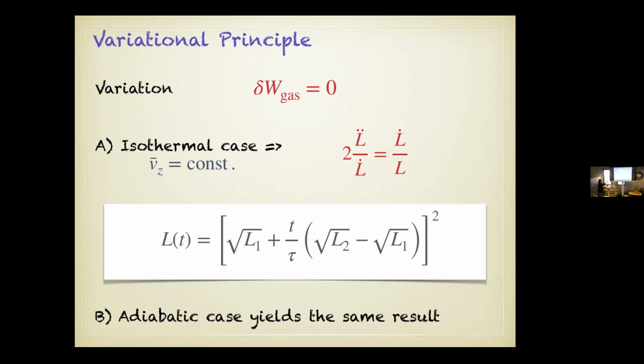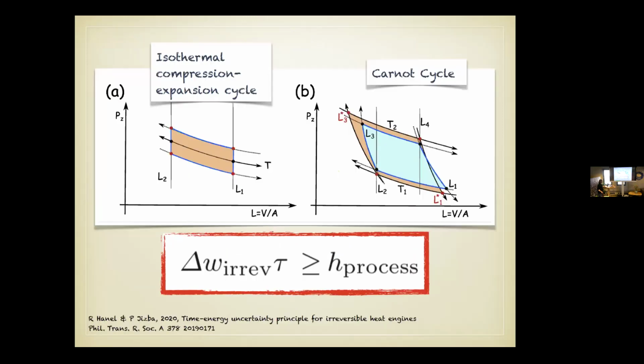Funnily enough, that is true for the isothermal case, but it's also true for the adiabatic case. And that is now some image of how this irreversibility comes along. If I push in, while I push in, the piston sees a little bit higher pressure, and then I pull out, and during pulling out, the piston sees a little bit lower pressure. This part here is basically the amount of work I lose irreversibly for the whole Carnot process.